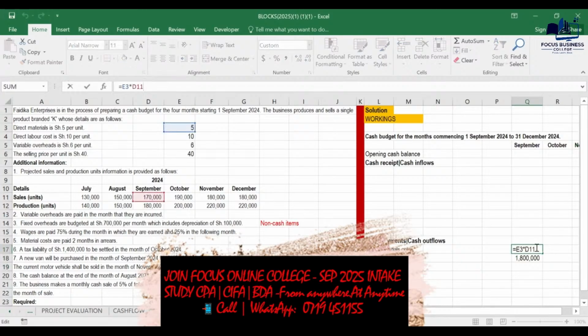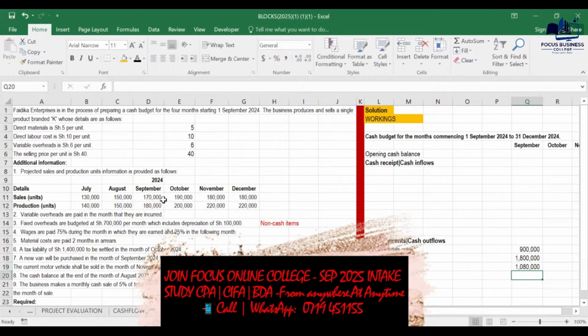I need to correct this, because you can see I've used the units to be sold. I should not use the units to be sold. I should use the units to be produced here. Yes. So then the variable overheads in September, I will take the variable overheads per unit here times the units to be produced, these ones.